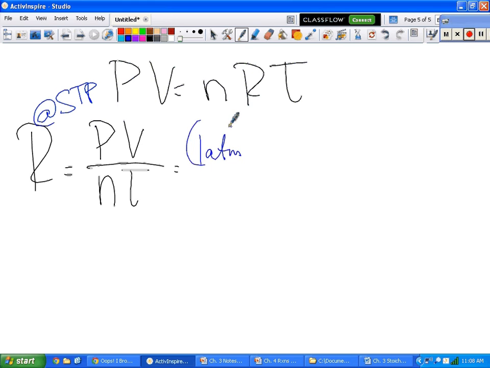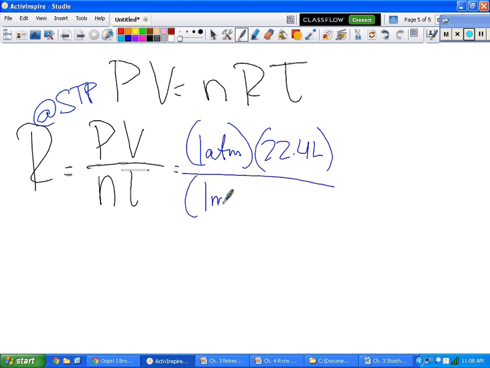Here's the tricky one. What's your volume at STP? 22.4 liters. How many moles? 1 mole. Remember, and I told you, at STP, it's what? Not 0, 273. And you know what? I'm so glad you said that.